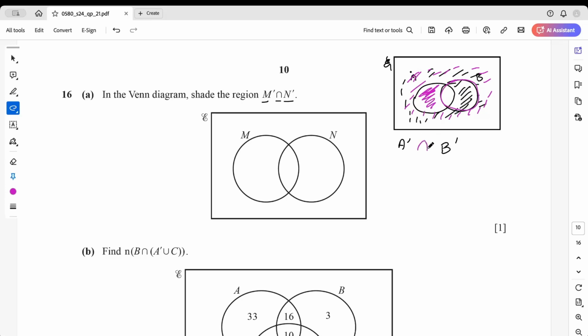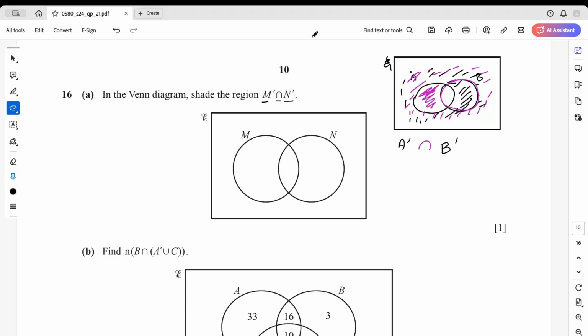Now when I put an intersection sign, this upside down U, that's an intersection sign, which means where both of these events intersect or occur together. So as you can see, where the purple and black markings are together is only around this spot. So that will be the answer for this.